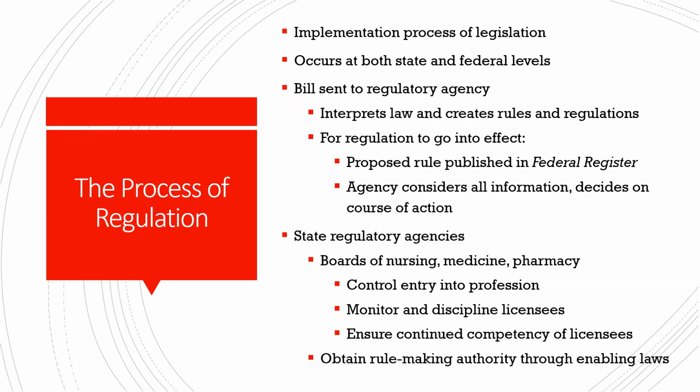So now you can see how it goes from a proposal of a bill going through the legislative process, it gets approved as law, but then it goes to your regulatory bodies and then they develop the rules and the regulations on how it's going to be implemented. And that is done on all state levels. So the Maryland Board of Nursing may write some rules and regulations that may differ from Delaware.